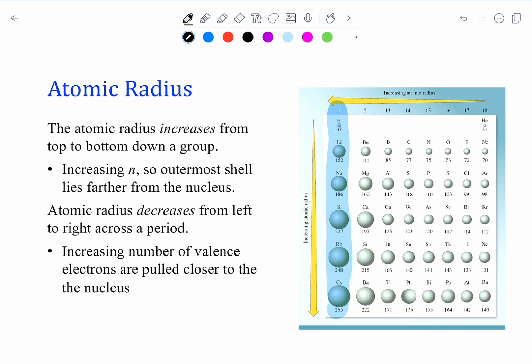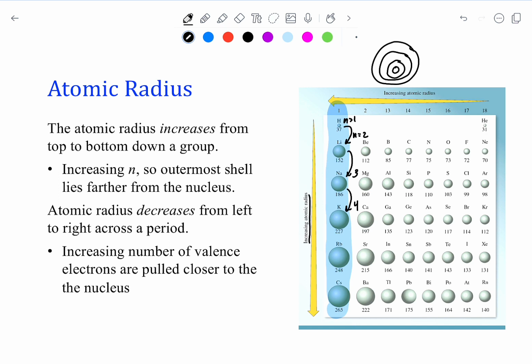So we see that increasing atomic radius goes down a column, and that's because with each new shell, here we go from n equals 1 to now n equals 2 as being our outer shell, and then 3, and then 4, and so on, it's just becoming larger and larger.